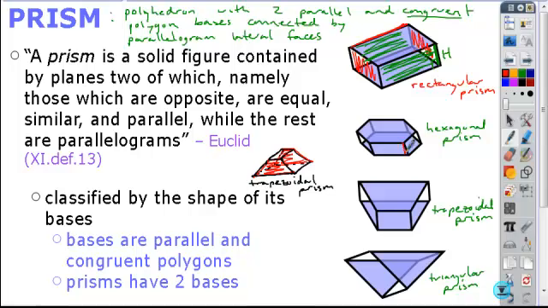Here our height or altitude is the perpendicular distance between the bases. Here's the perpendicular distance between the bases. Here's the perpendicular distance between the bases. And in this example, the perpendicular between the bases is this side distance. Okay? Olivia.